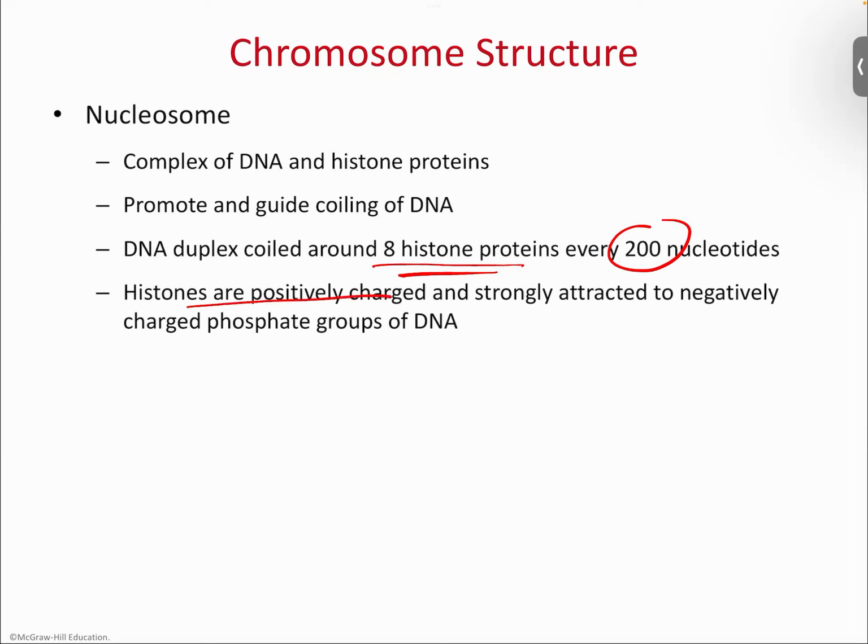So the histones are positively charged. DNA, because of the phosphates, is negatively charged. So you basically get an electrostatic attraction. Why is that helpful? Why not just make it like a covalent linkage?